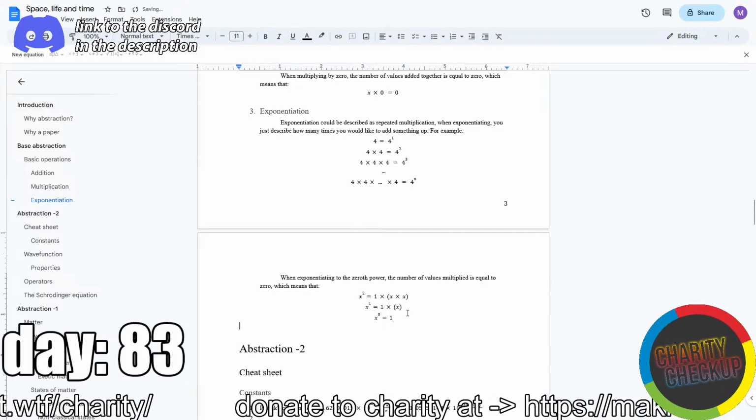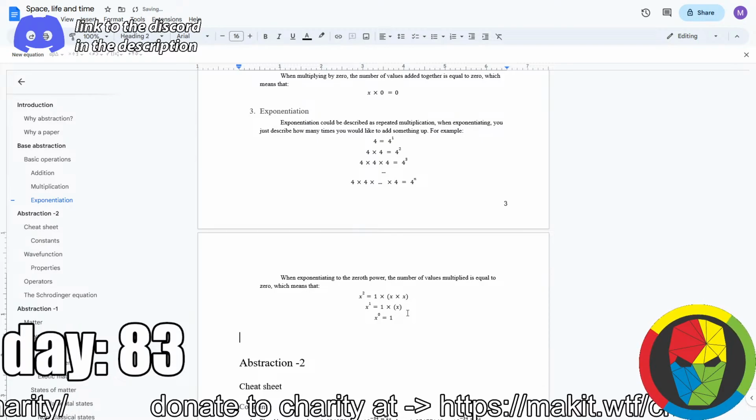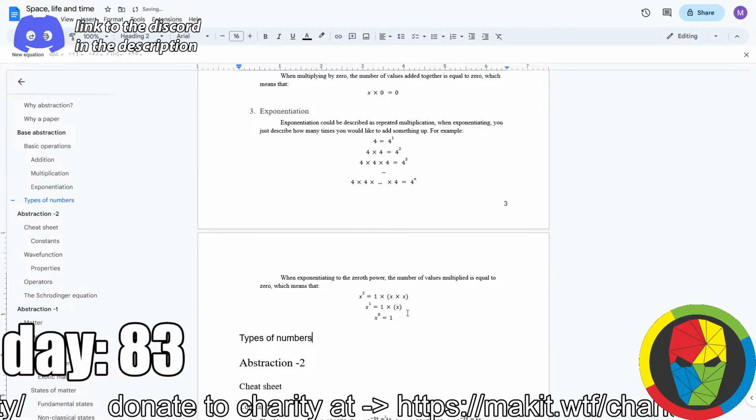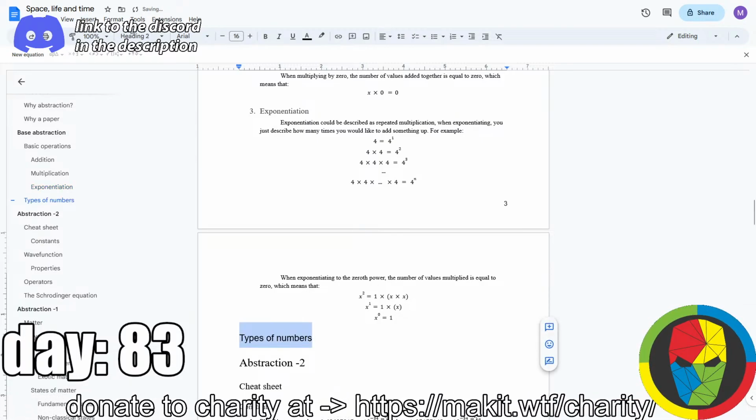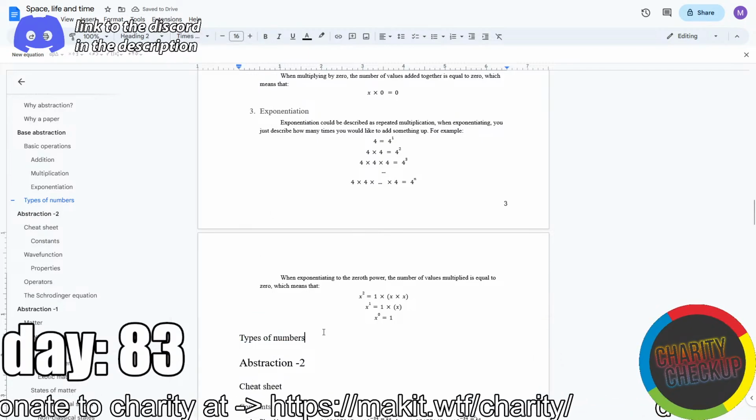Now, types of numbers. It's time for the fun one. So, what kinds of numbers are there?